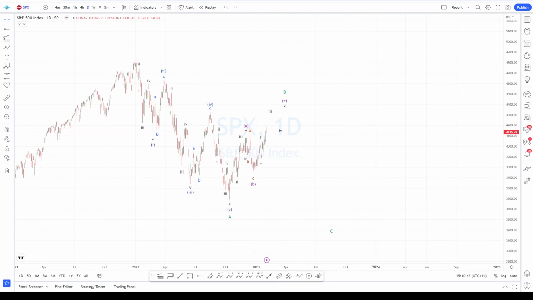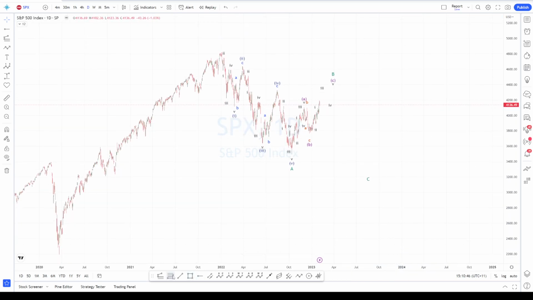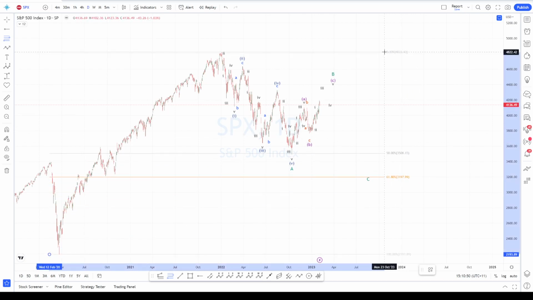Nonetheless, I digress. So the good thing about this, it's something I'd touched on, but when we look at this whole movement, we know that we came down here and just touched into this 50% zone.